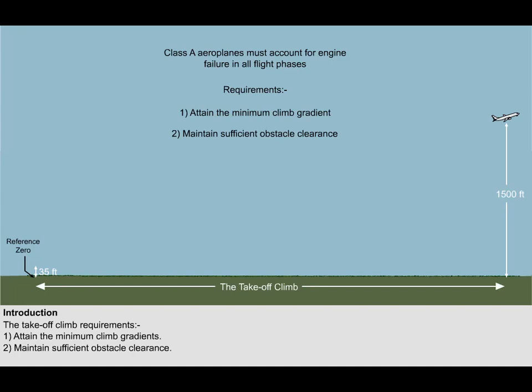When assessing compliance with the regulations, the manufacturer or operator may either use a continuous demonstrated takeoff climb or a segmented takeoff climb. Segmenting the takeoff climb does make the requirements and the procedure a little easier to comprehend. Therefore, we will use a segmented takeoff climb profile, as do most operators and manufacturers.